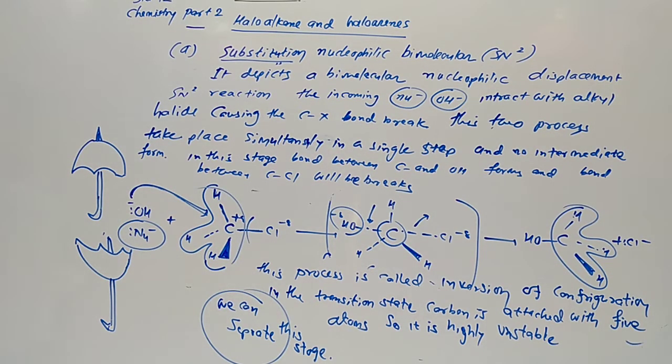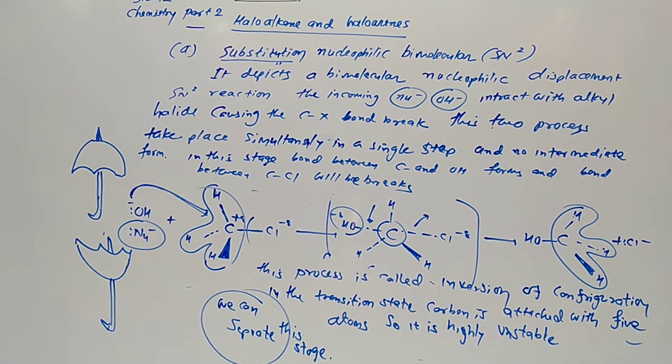Understood? Now the leaving group, which is replaced by OH, is called the leaving group. It cannot be stable, because the carbon atom in the transition state is bonded to 5 atoms, therefore unstable.